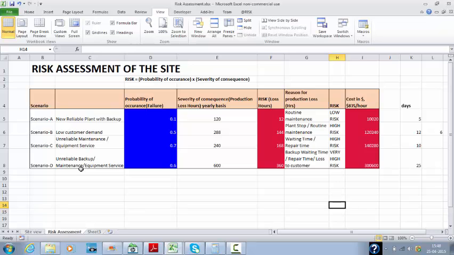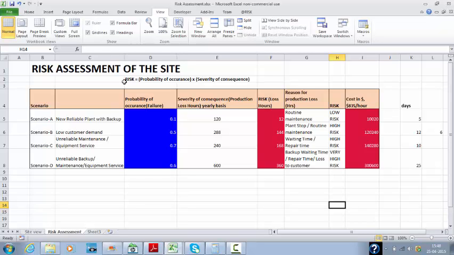Now, coming to the risk, I've been calculating using a very simple assessment which we use in safety and other environmental risk assessment. Risk is equal to probability of occurrence times severity of consequences.